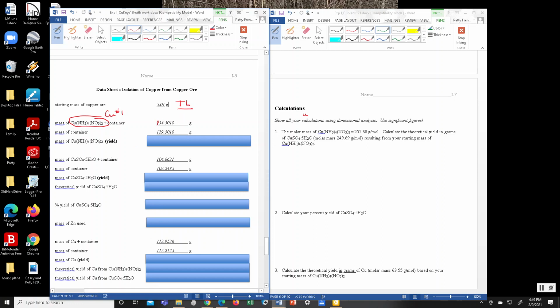And that's a typo. Now, our empty beaker was 129.5010 grams, and our beaker with our copper in it was 134.5010 grams as well. Now remember, this is not the same substance, okay? This is the ore, and this is an actual compound.